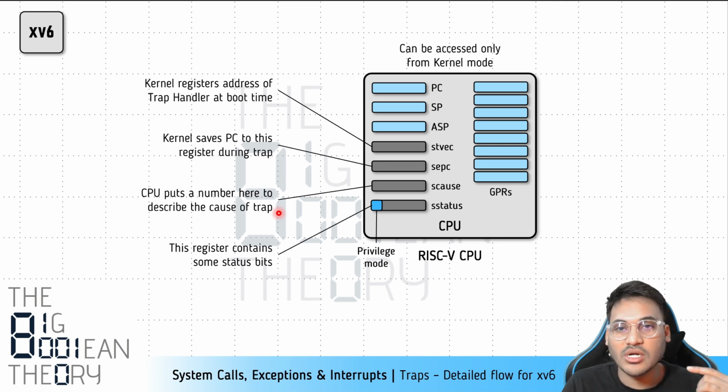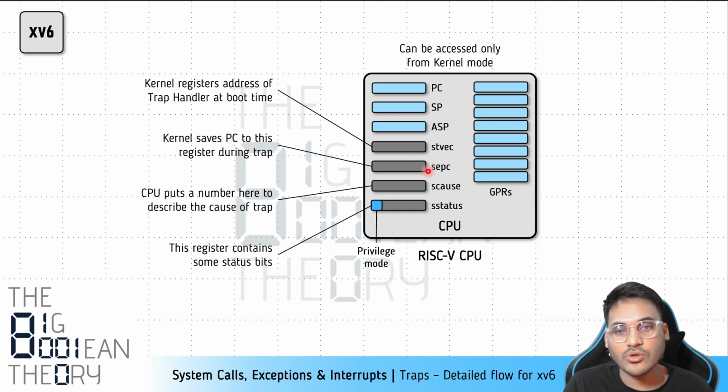Within system calls, there are multiple system call routines, and device interrupts can come from a variety of sources. So the routine that will be executed to handle the trap depends on the cause of the trap, right? When a trap happens, the CPU puts a number which the kernel understands, and using that number it can decipher the real cause of the trap. So that is why this register is also important.